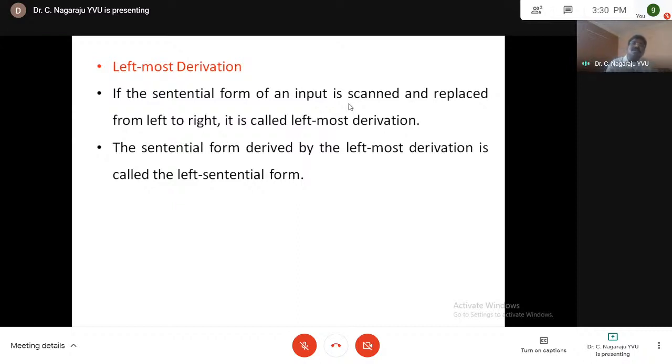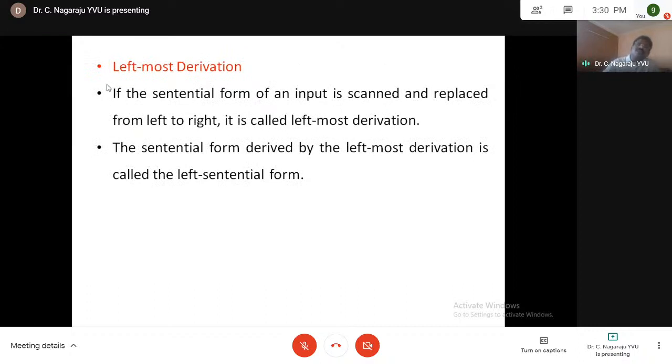That means the evaluation should be from left to right, either scanning or replacing. The sentential form derived by the leftmost derivation is called a left sentential form.